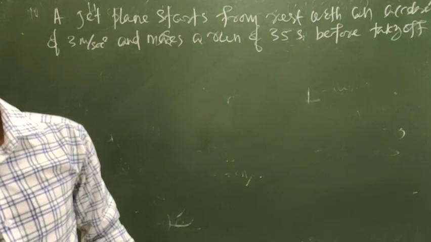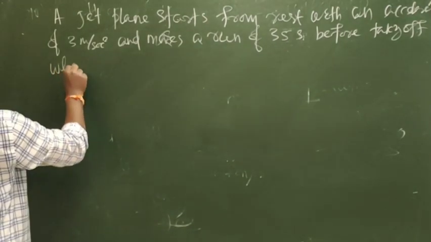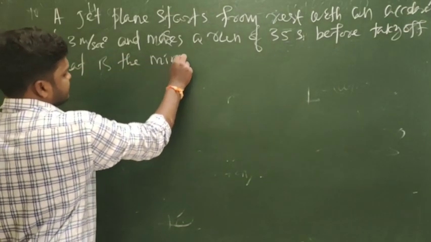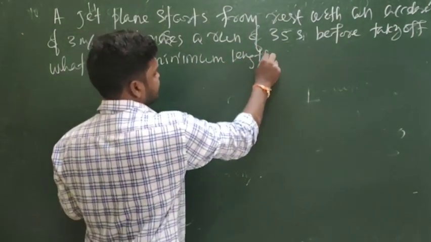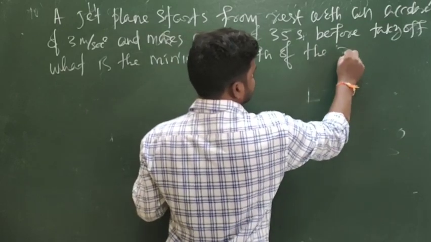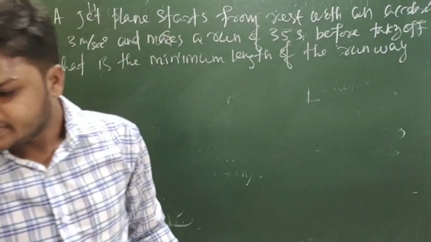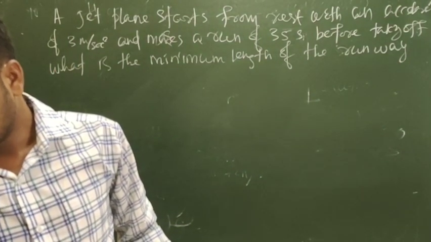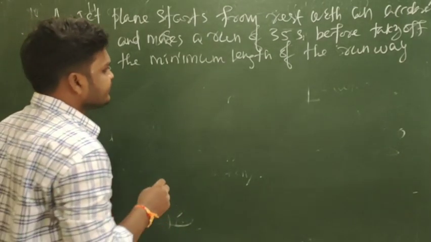What is the minimum length of the runway, and what is the velocity of the jet at takeoff?